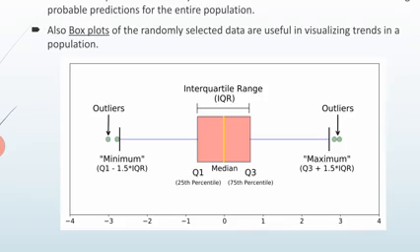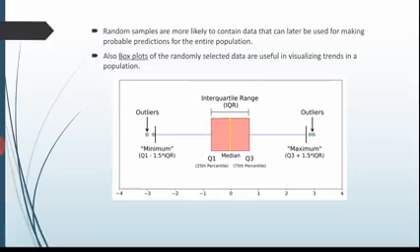The point on the first side of the rectangle is called the 25th percentile, and the point on the second side of the rectangle is called the 75th percentile. We will use these definitions in the next exercises. Now let's go.